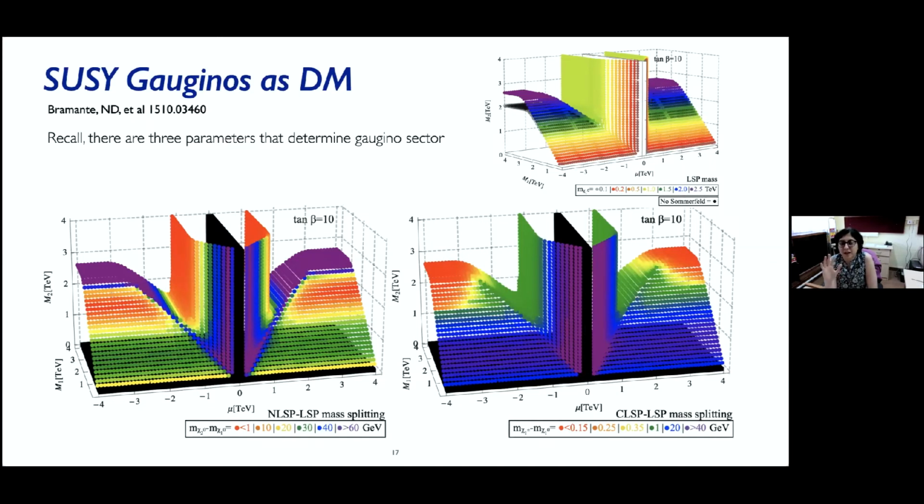So remember, for the gaugino sector, you have three parameters that are of importance. You have the mass parameters for the Bino, the Wino and the Higgsino, right? And in this 3D space, if you plot the surface of all the points that can give you the right relic density by whatever method possible, this does not include freeze-in or any of the very new methods, but the normal freeze-out, including co-annihilation and so on.